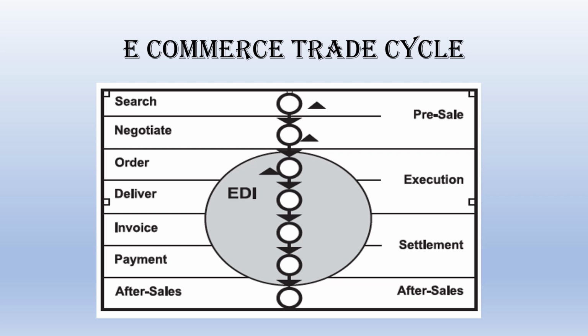The third phase is settlement. This phase consists of invoice, if any, and payment. Invoice means the customer will receive a bill for the purchased product, and after confirmation of the received product, the customer will pay for it.